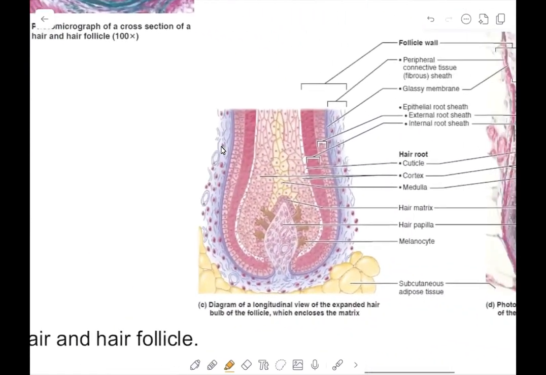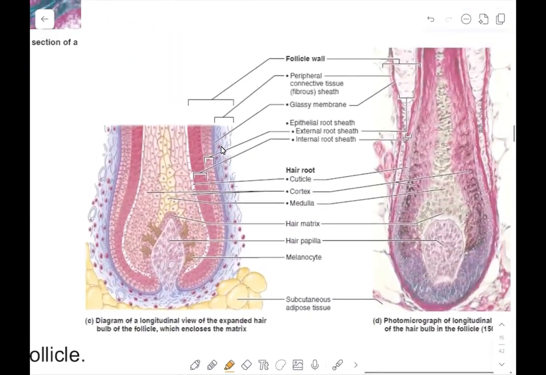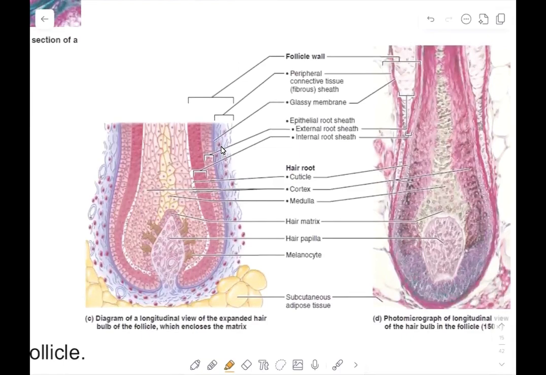To the right-hand side of this diagram, we see a cross-section of a hair and hair follicle as well. So you can see the melanocytes at the bottom. We have the hair root with the medulla, cortex, as well as the cuticle, and then also an epithelial sheet surrounded by a connective tissue sheet.